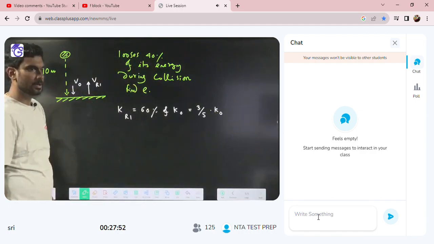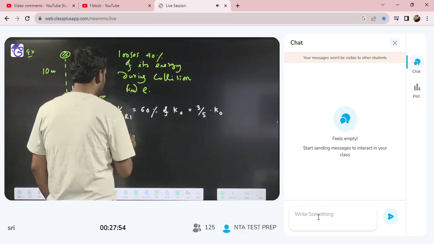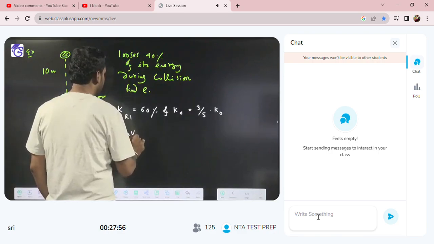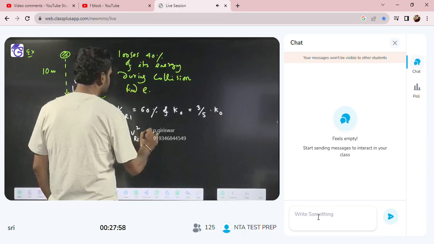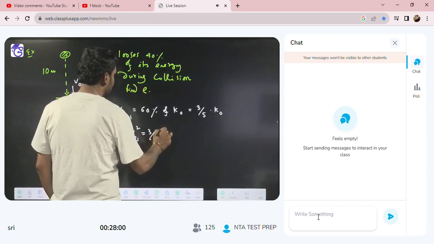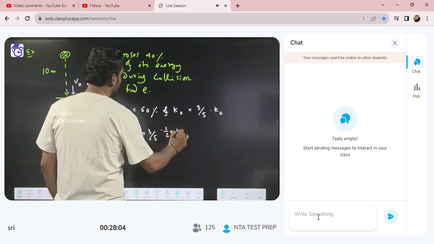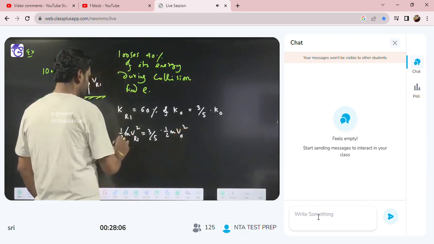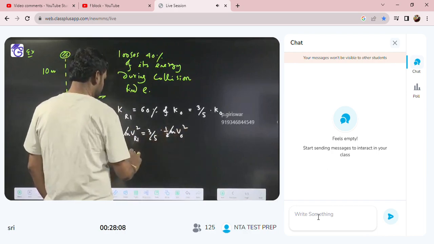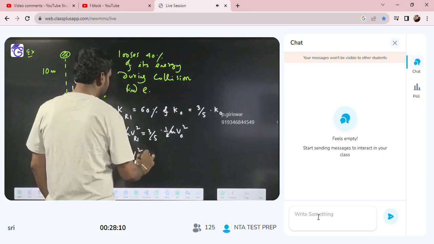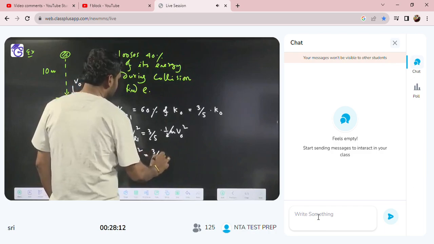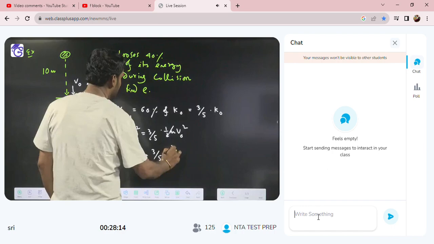So KR1, half M VR1 square, is equal to 3 by 5 into half m v naught square. Half m cancelled. So VR1 square is equal to 3 by 5 of v naught square.